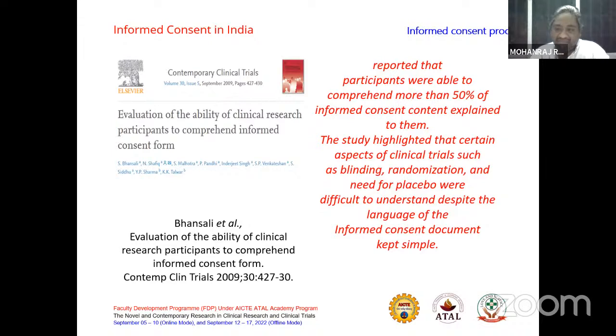It means the informed consent had more difficult information, and it was not in common language. It had many medical terminologies like blinding, randomization, placebo, etc. So none of them responded to the consent.